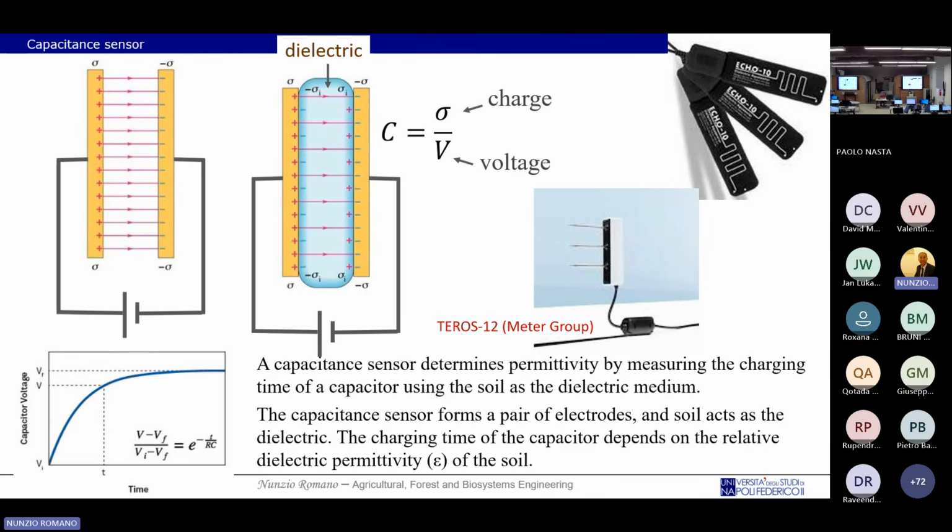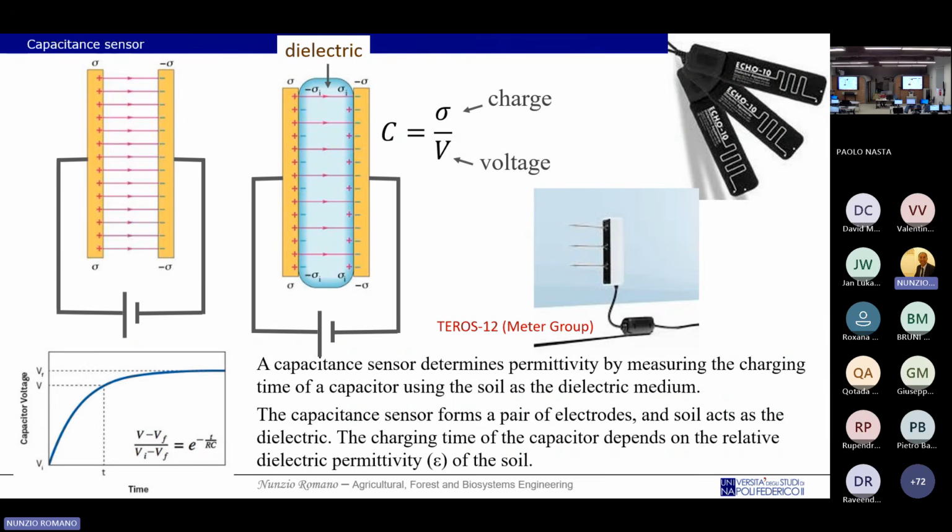There are two materials, then there is air in between, and there is some negative and positive part in this electrical circuit. But if you put a dielectric, you have this kind of situation with the positive and negative molecules that move depending on the electrical circuit.